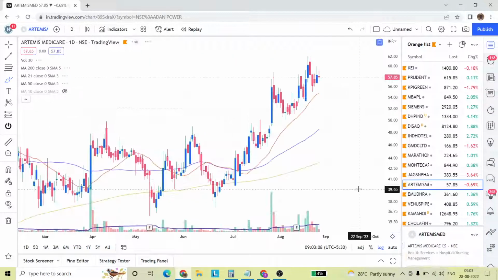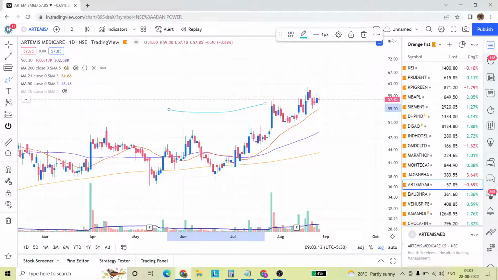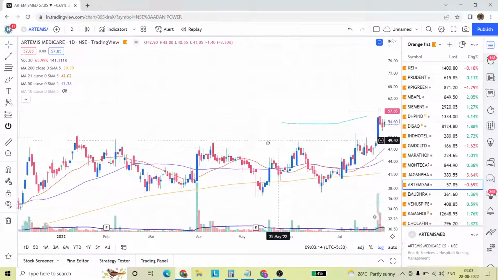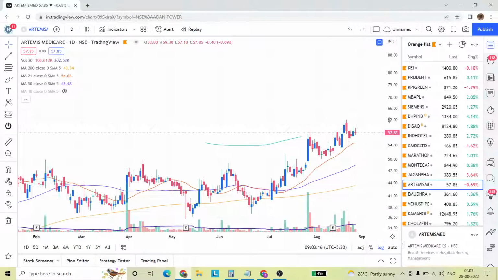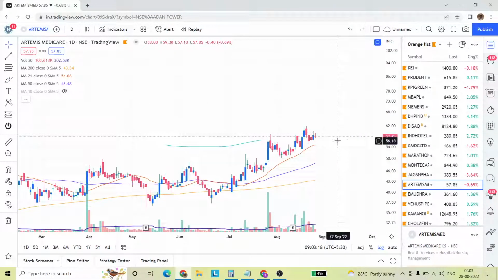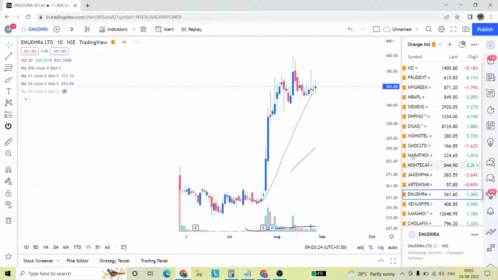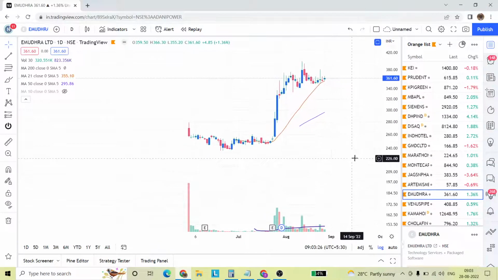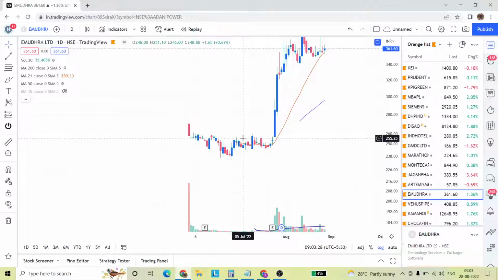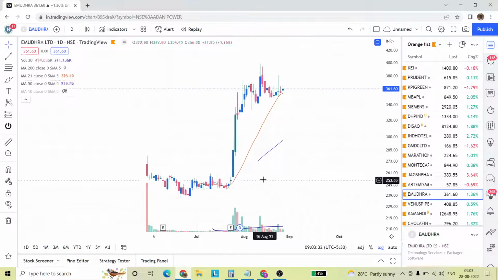Next one is Artemis Medicare. I have just kept it because it can develop some contraction further, and then we'll see. But right now there is nothing here. And this is E mudra, guys. We missed E mudra when it broke out of this contraction, and it just went up like anything.